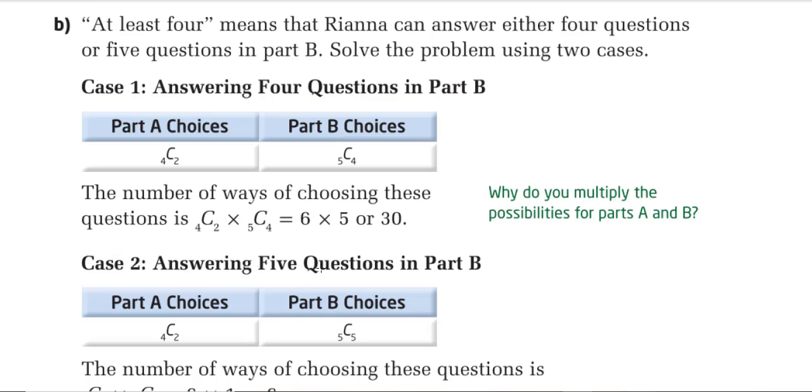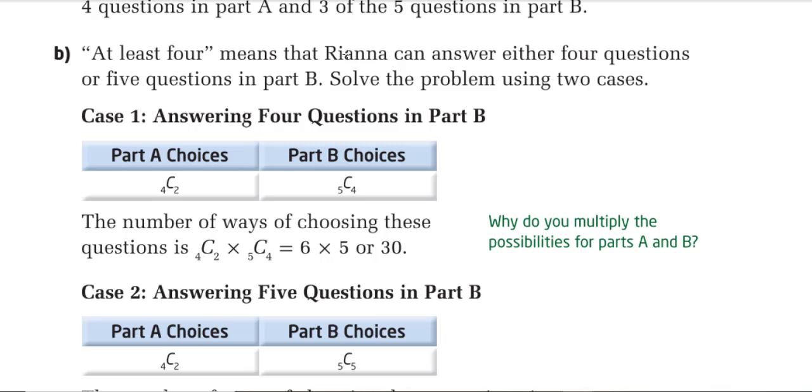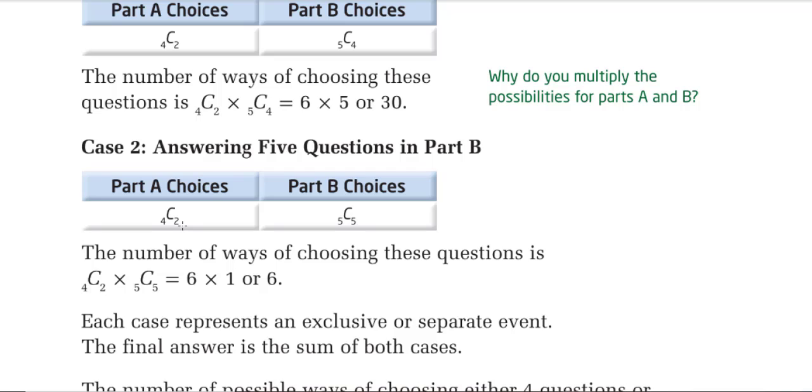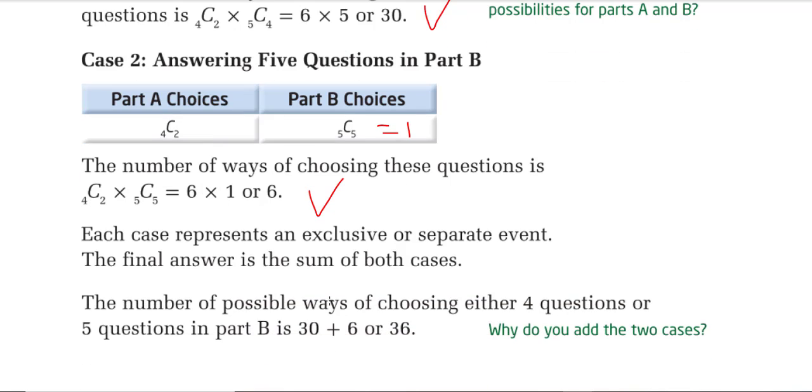And case 2, answering 5 questions in part B. So we'll consider all possible cases. And it's again combination 2 from 4 and now 5 from 5, and it's equal to 1. Yes? And we have 6 times 1, it is just 6. So we have 30 and 6. Now each case represents an exclusive or separate event, so the final answer is the sum of both cases.